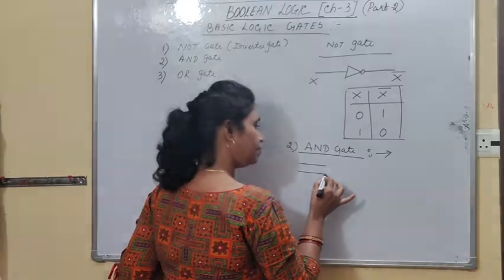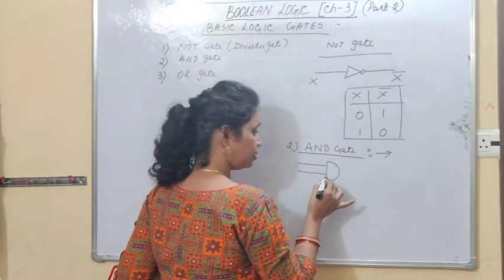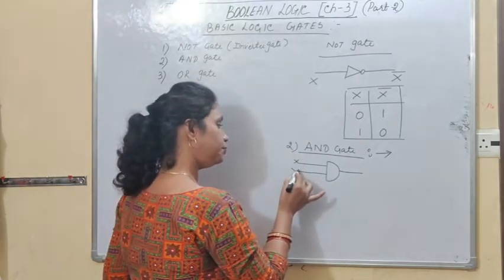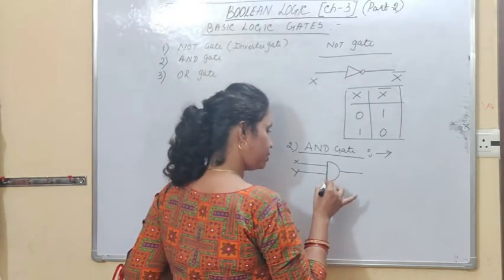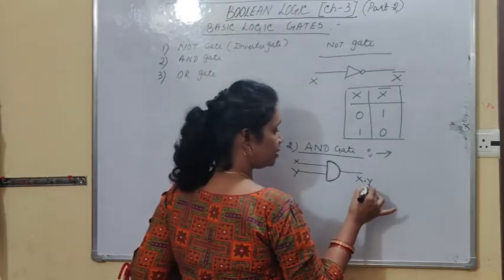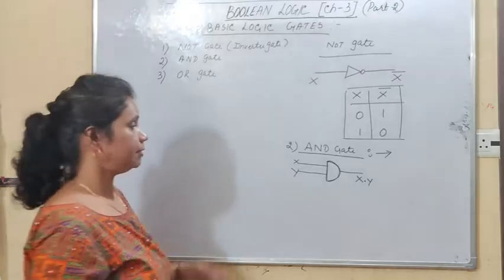Suppose here we have 2 variables. Then what is the symbol of AND gate? Try to remember students, this is the symbol of AND gate. If you have 2 input signals, X and Y, then after passing these 2 signals into one AND gate, your output will be X dot Y. Right students? So this is the AND gate for 2 variables.